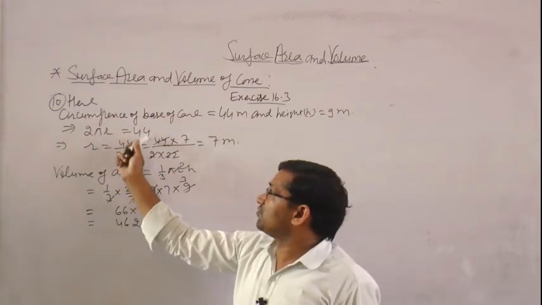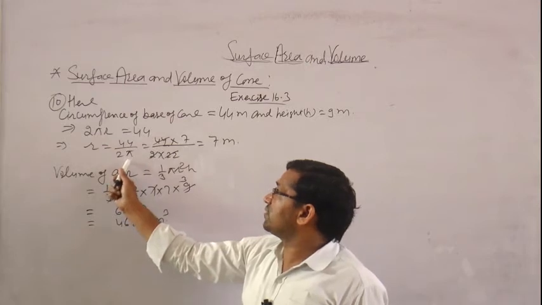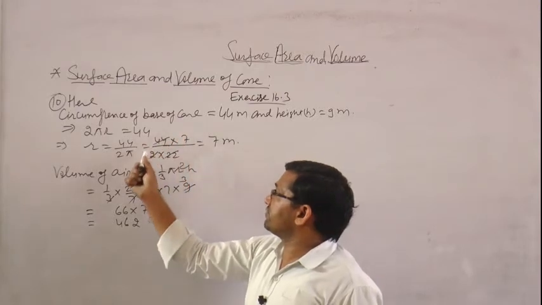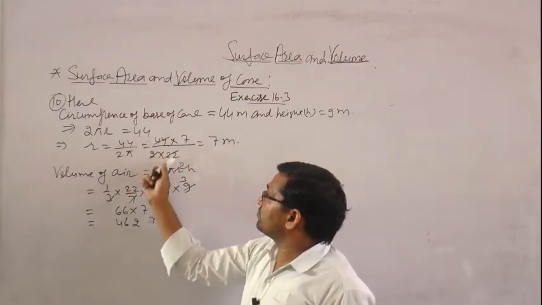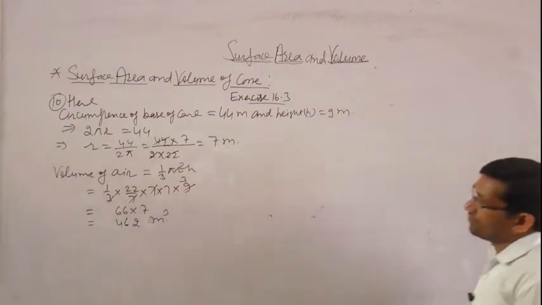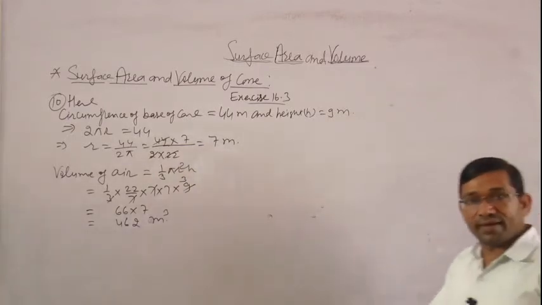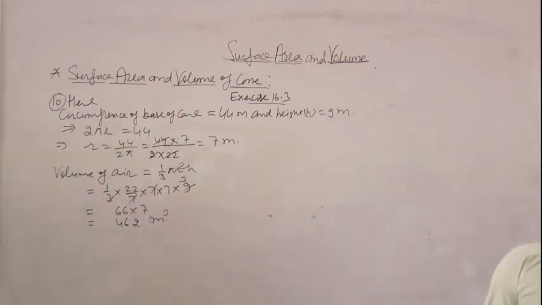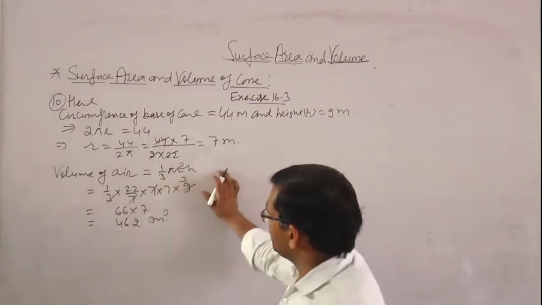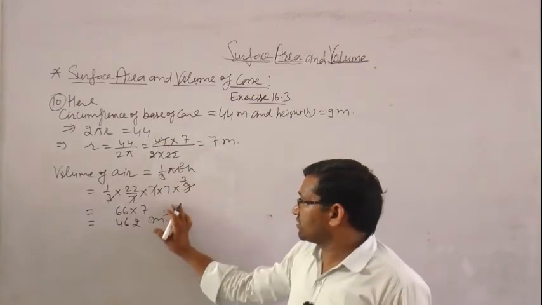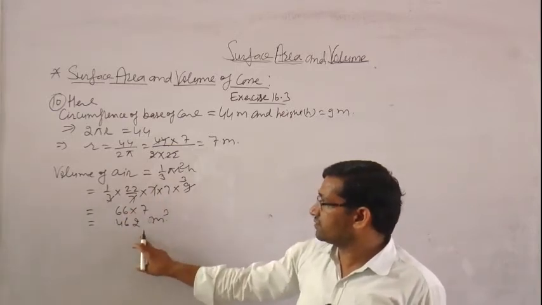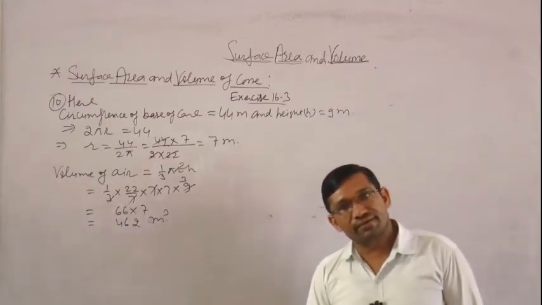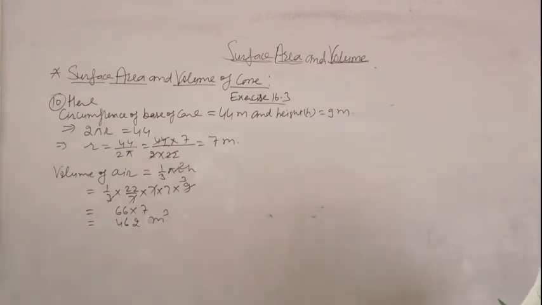So 2 pi r is equal to 44, r is equal to 44 upon 2 pi, 44 upon 2 into 22 upon 7. 22 twos are 44, 44 ones are 44, r is 7 meter. Volume of air means volume of cone, because the tent has a conical shape. Volume of air is equal to 1/3 pi r square h. By putting the values, after simplification, we get volume of air is 462 meter cube. Clear? Okay.